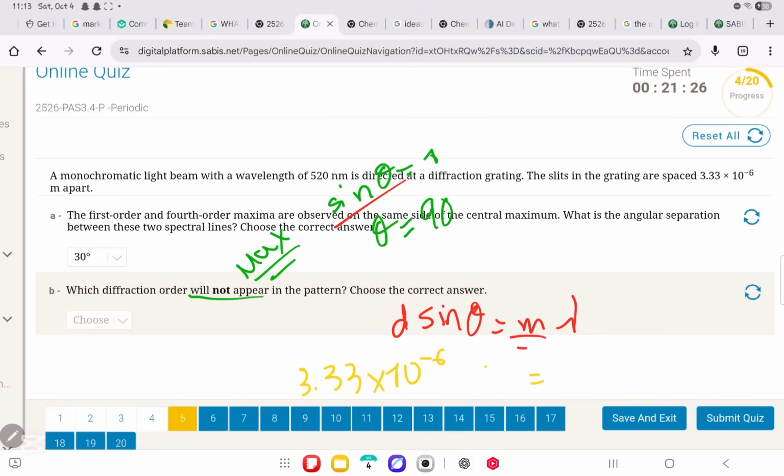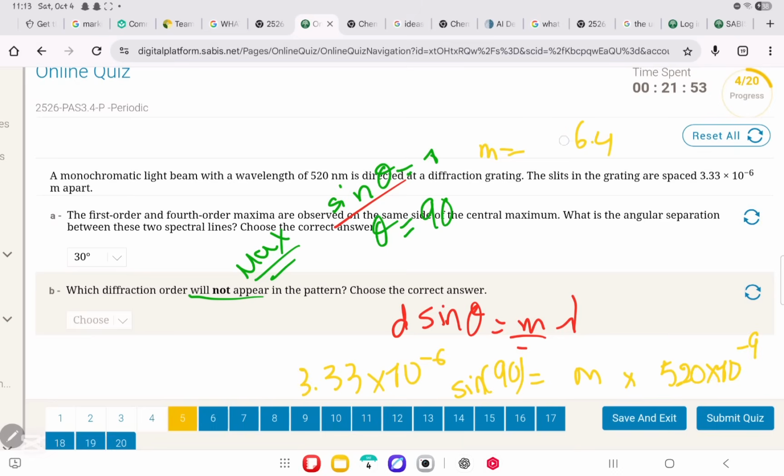Sine theta is 90, sine 90, my bad. Sine 90 is equal to m, which we need to find, times lambda, which is 520 times 10 to the power of minus 9. So then m is going to be equal to what? It's going to be equal to 3.33 times 10 to the power of minus 6 times sine 90 over 520 times 10 to the power of minus 9. And this will give us an answer of 6.4.